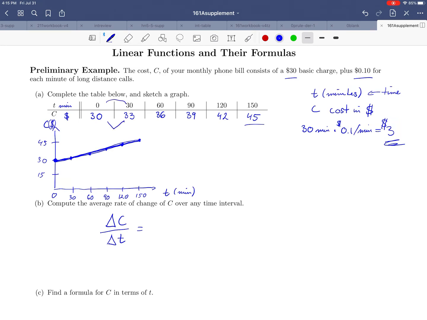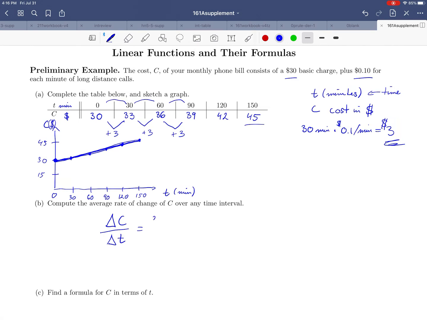Going up to our table, we have a time interval from 0 to 30, and our cost increased by 3. Over the next time interval, it also increased by 3, again with 30 minutes of time change. The same thing happens for any of our time intervals. We are always adding $3.